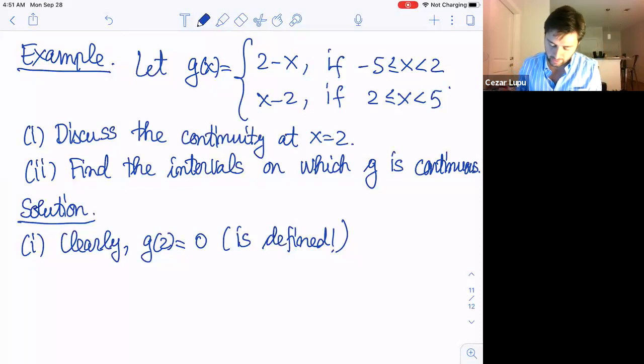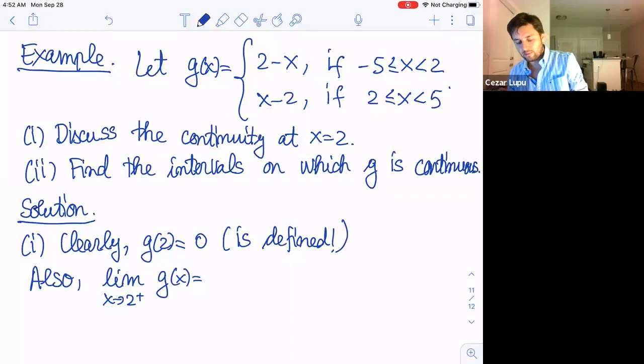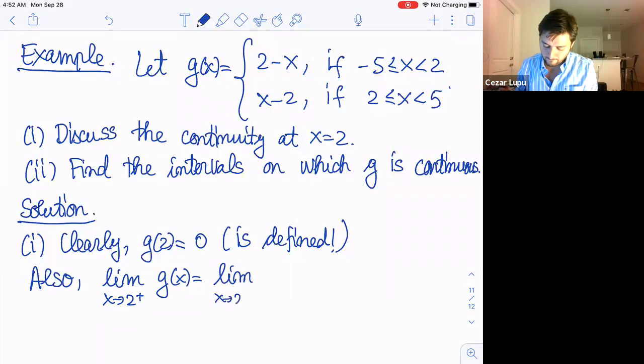So we have the following. The limit as x approaches 2 plus, let's say, of g of x, and this would be the limit as x approaches 2 from the right of x minus 2. And this will be 0, as you can obviously see.